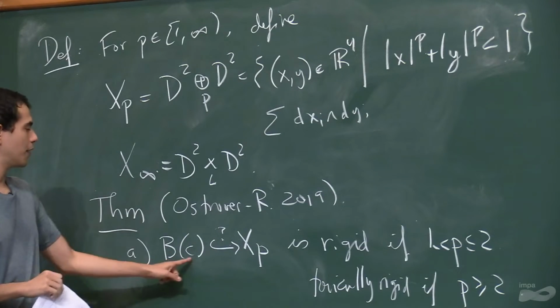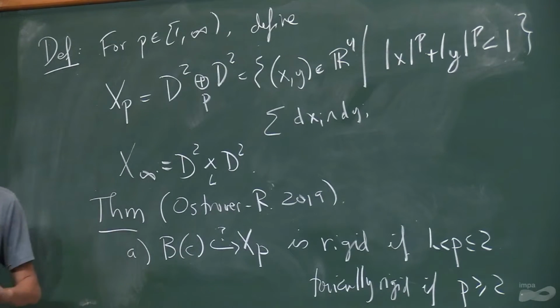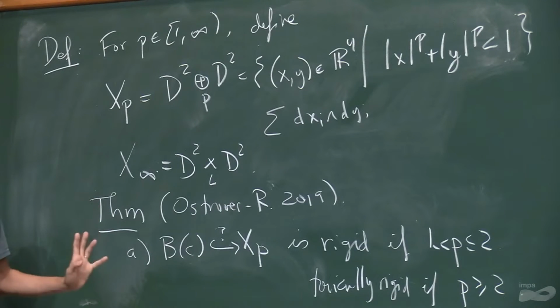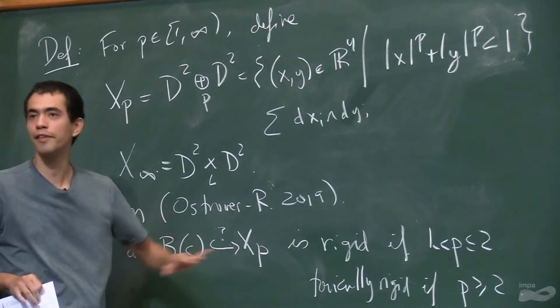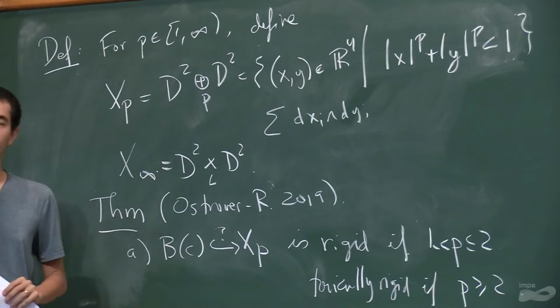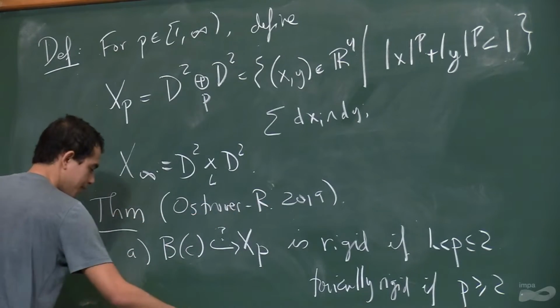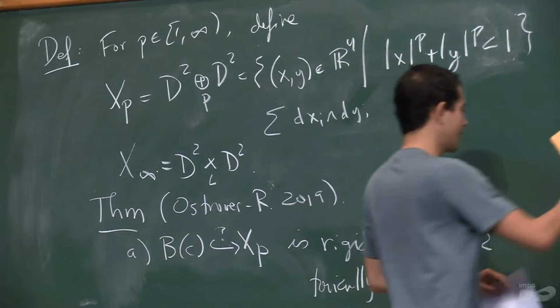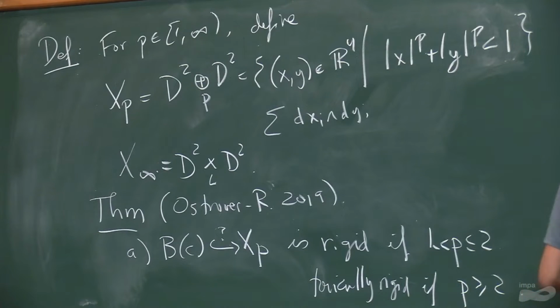And we also found the best values. I'll tell you that later, but the numbers are not extremely relevant. I think the behavior is more interesting. Okay? So it's rigid between 1 and 2, and it's torically rigid for p greater than 2. And I should point out that for p equals 2, we just have a ball, obviously. So there's nothing that interesting that happens for p equals 2. You just get full rigidity.